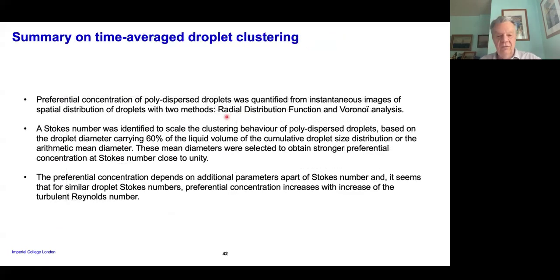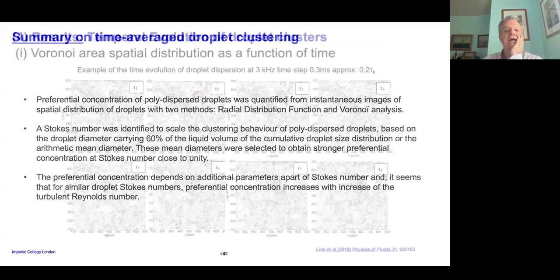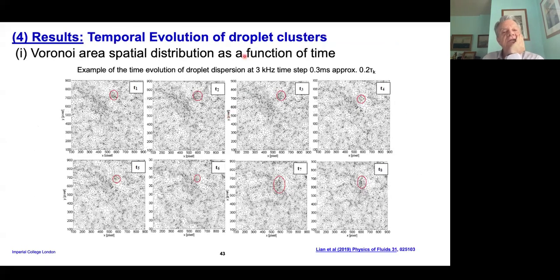So effectively, we have demonstrated that there is clustering, there is some dependence on the turbulent Reynolds number, and then we wanted to see what happens in the time domain.